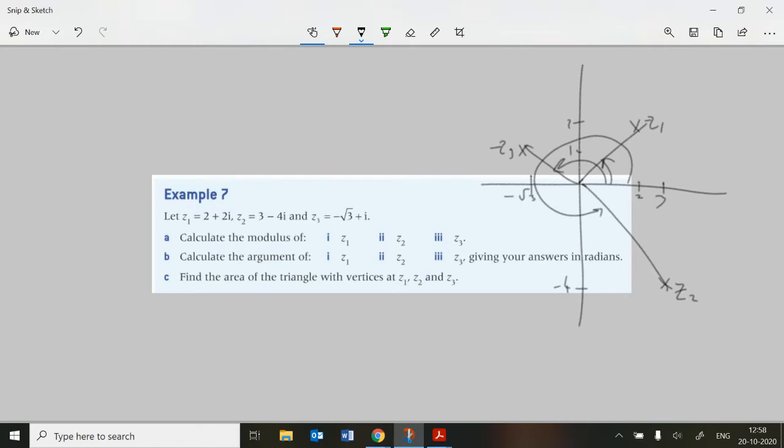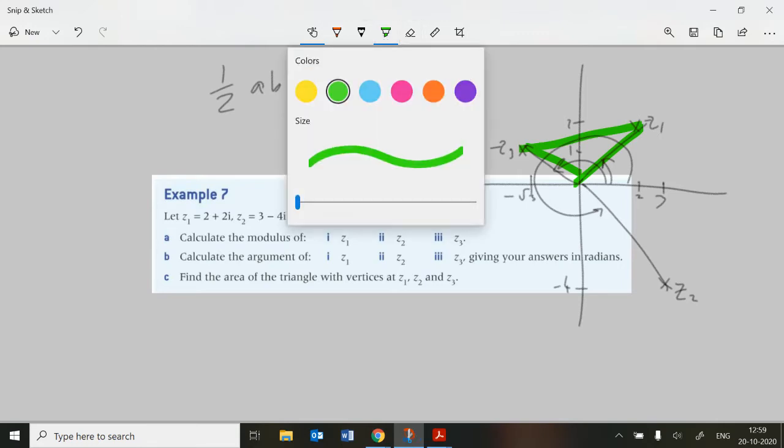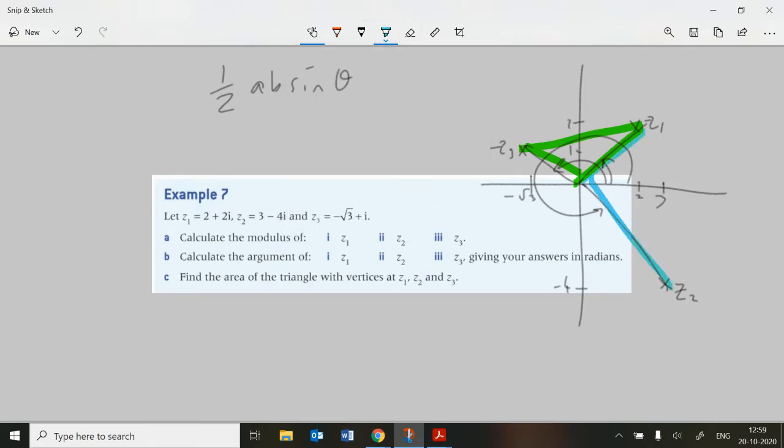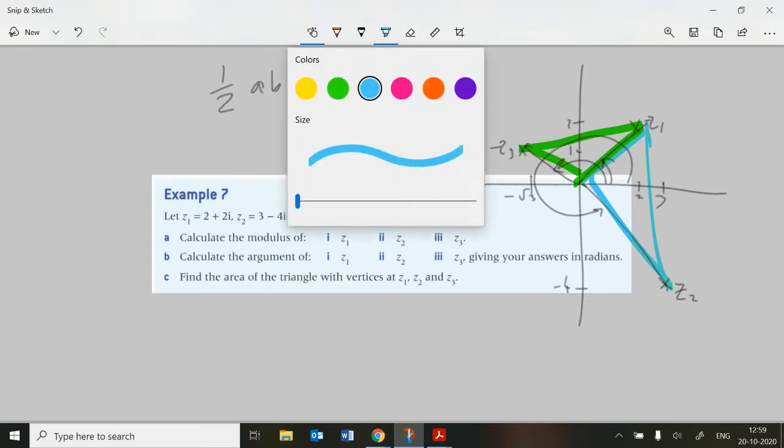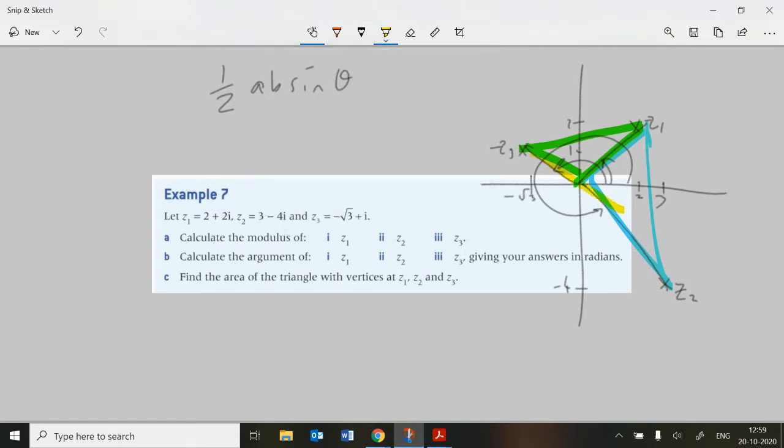So from that information, from the sizes of those lengths there, and from the arguments which we found there as well, we should be able to use a half AB sine theta to work out each of the areas of this triangle. Let's just put all three of them, and this one, and then this one here.